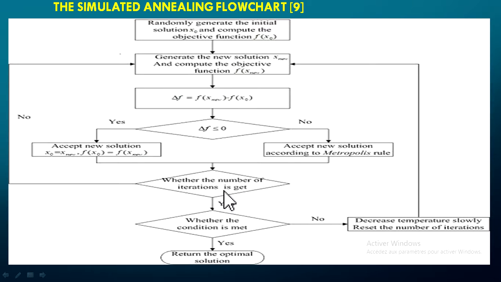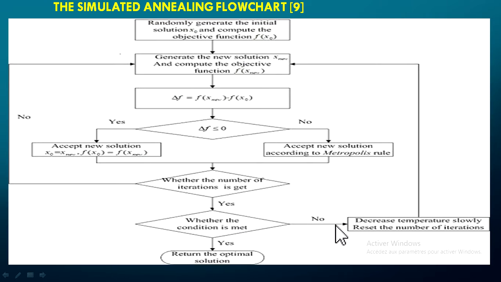Whether the number of iterations is reached: in practice we must give the maximum number of iterations which the algorithm or the program can make in its execution. So we check whether the condition is met. If it's no, we return to generate a new solution, a new neighbor.